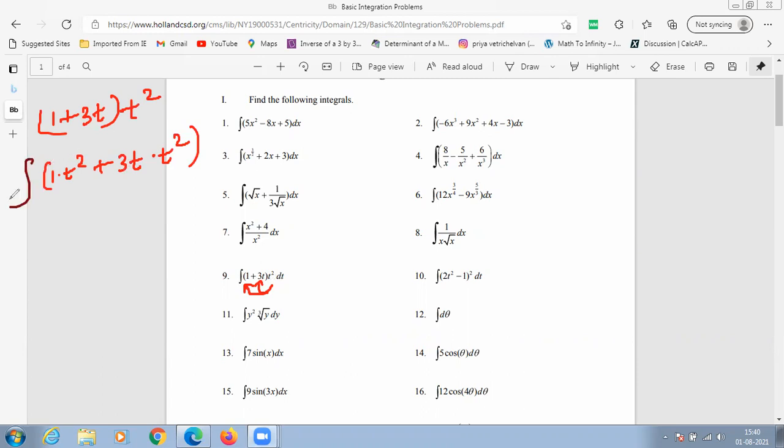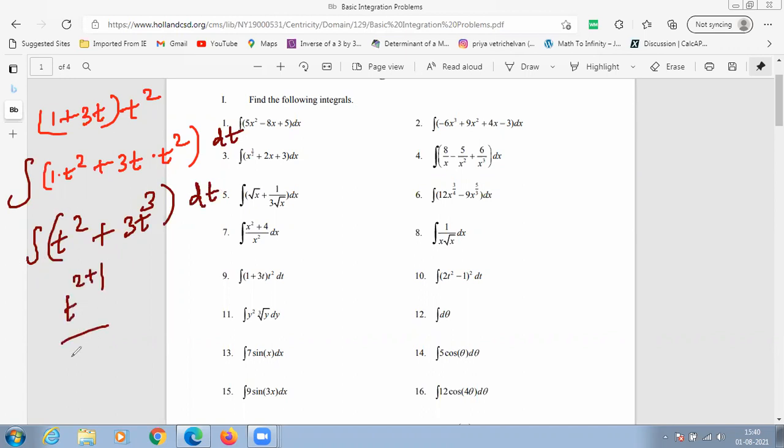So here just put the integral symbol and dt. Again you will be using the power rule. 1 into t square can be written as t square, plus 3t times t square can be written as 3t cube, right?